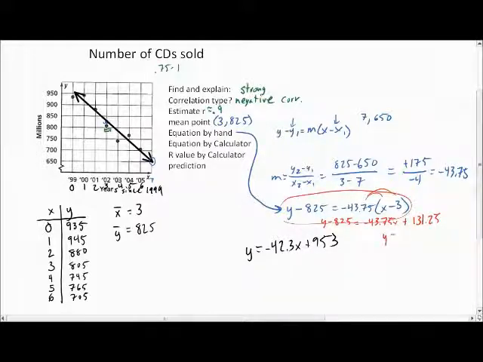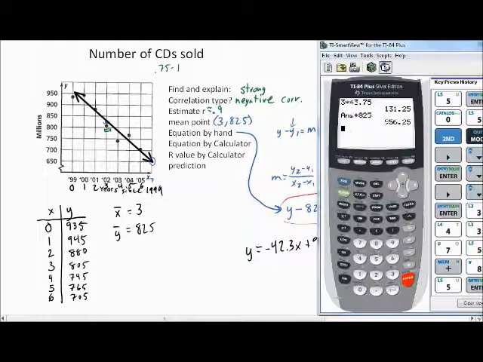So that's y equals negative 43.75x plus, what was it, 956?